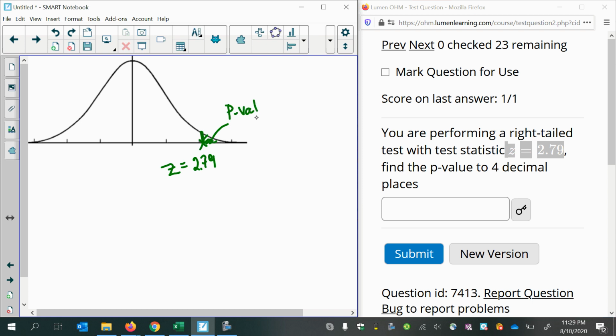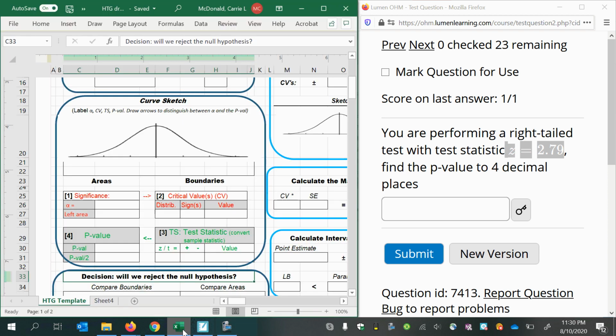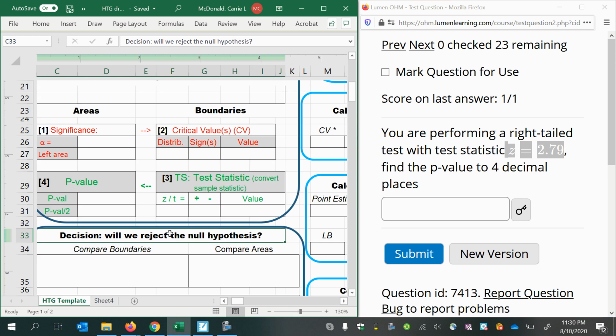So we're just looking for that right area there. So how will we do this? We're going to put in our z boundary of 2.79, and we're going to use that to find the p-value area.